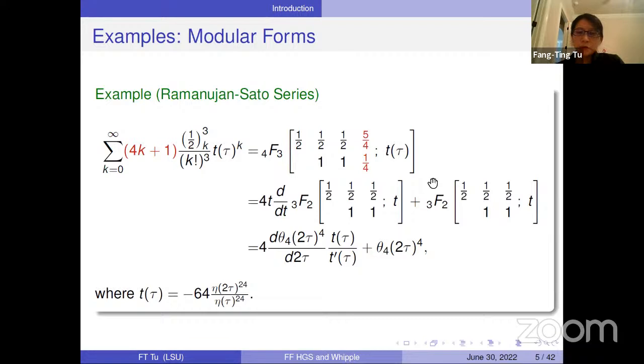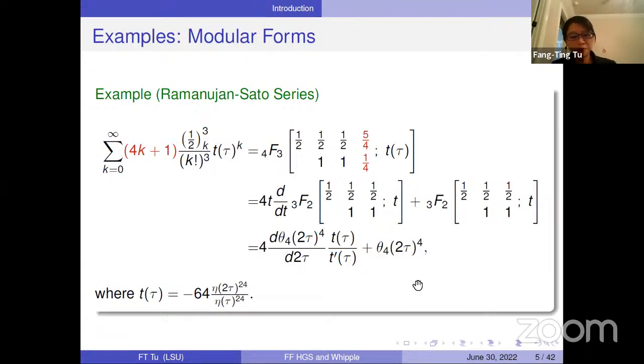So again, if we let t be this modular function on Gamma_0(2), then this 4F3 can be written as the theta 4 and the t function and their derivatives. So this is an example of the so-called Ramanujan-Sato series. And for the Ramanujan 1 over pi formula, in this case, it is reduced to computing the special values of these modular forms.